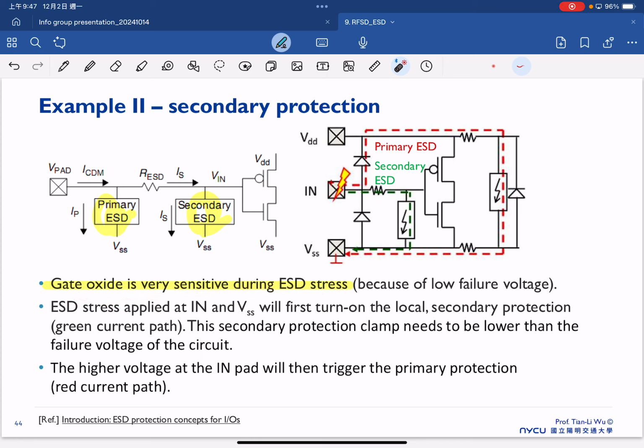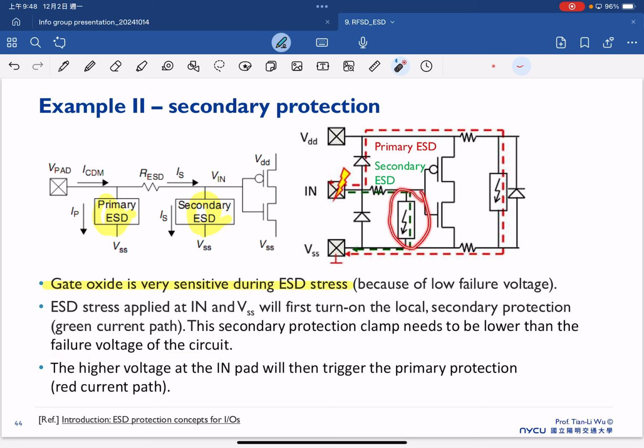Therefore, we will probably consider several levels of protection here. For example, the first one is a secondary ESD protection, and we also need to have the primary ESD protection here. ESD stress applied at the input and VSS will first turn on the local secondary protection, which is this one. Secondary protection is here. This secondary protection clamp needs to be lower than the failure voltage of the circuit.